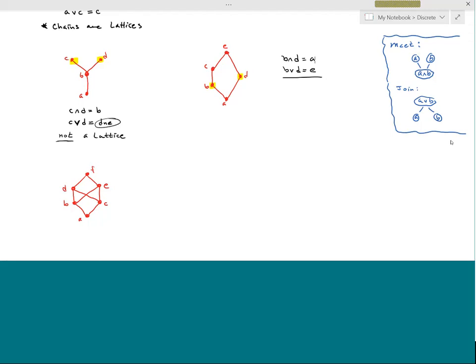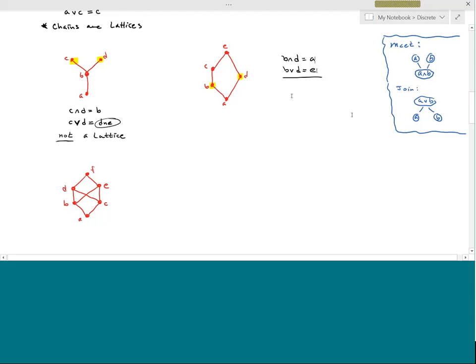If it doesn't help, don't try to remember that, because sometimes if you use memory tricks and they don't work for your brain, it just makes you more confused. But that was one way that I found has helped people: think of the carets as arrowheads pointing towards the two elements that you care about. That only really helps once you know where the meet and the join are, so it's sort of backwards.